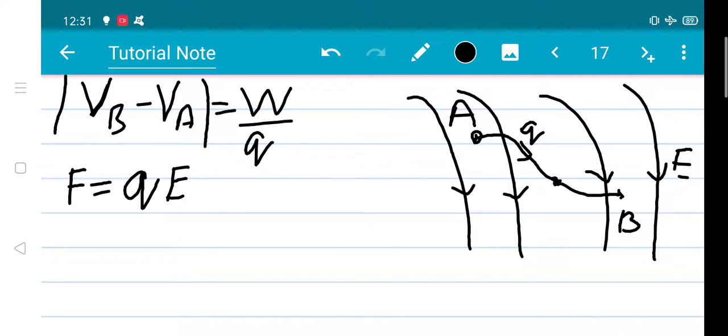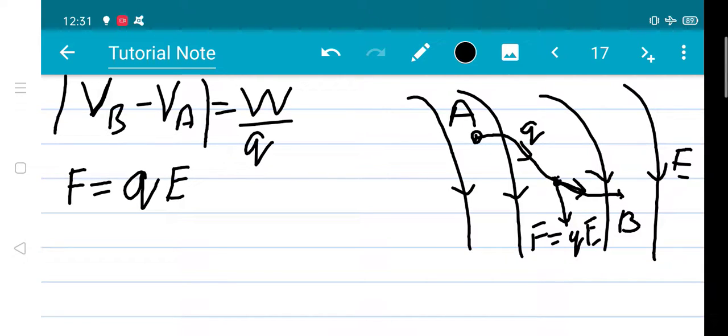So at any point on this line, this will be the direction of motion and this will be the direction of force applied on the charge Q by the electric field, that is F equals QE.